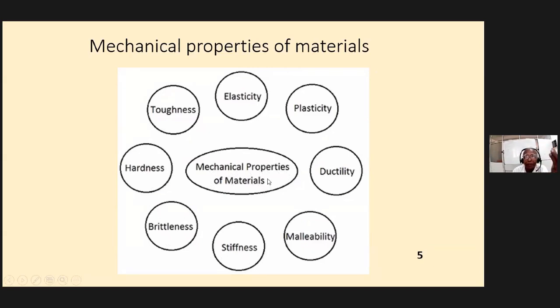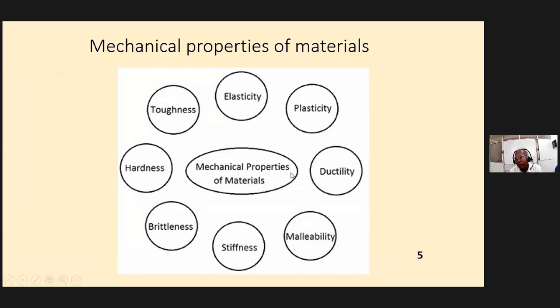Properties mean, how do you define properties? A property of a material or metal can be changed. For example, water, by providing some heat energy, you can have vapor, right? The form is different. So the property may change, but the character does not change. You understand character and property.